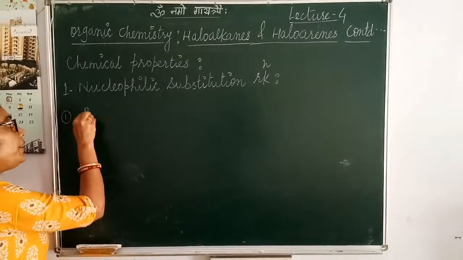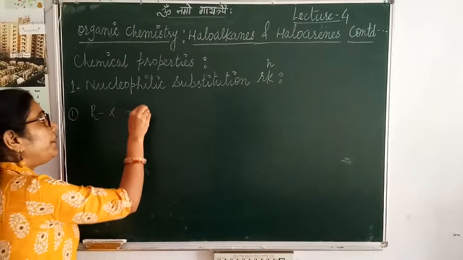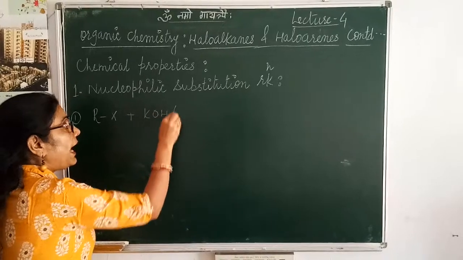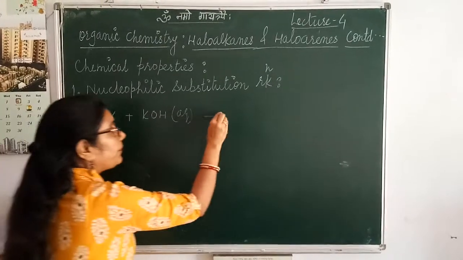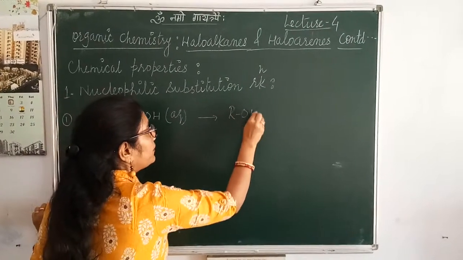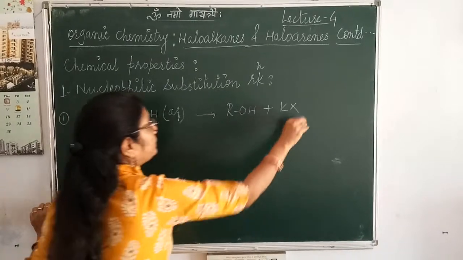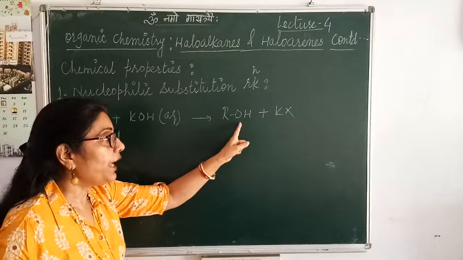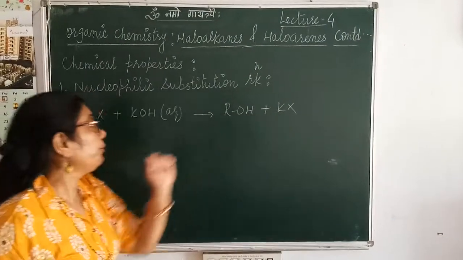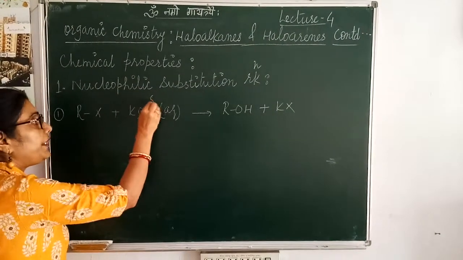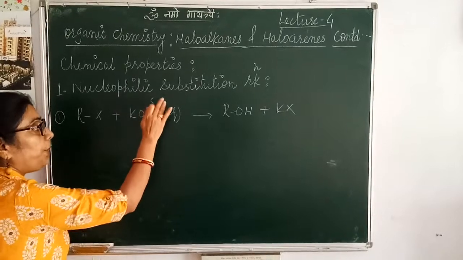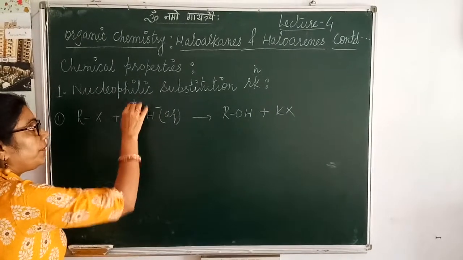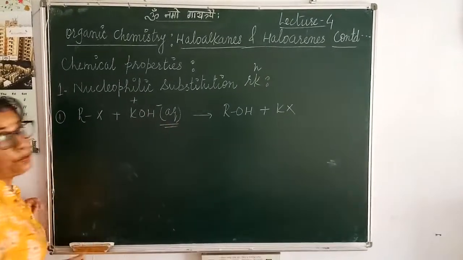So number 1, when an alkyl halide reacts with aqueous KOH, the product is alcohol. Substrate, reagent, product, byproduct or leaving group. What is the nucleophile here? Hydroxyl ion, OH minus, and the medium is aqueous.